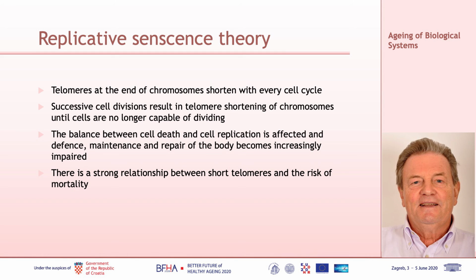In most somatic cells, telomeres shorten with every cell cycle, since replicative DNA polymerases lack the capacity to completely replicate the terminal ends of linear DNA molecules, which is a property of a specialized DNA polymerase known as telomerase. Most mammalian somatic cells do not express telomerase. And this leads to loss of telomere protective sequences at the ends of chromosomes.